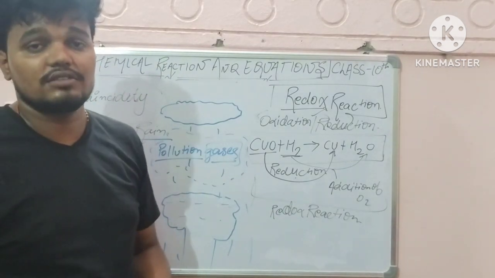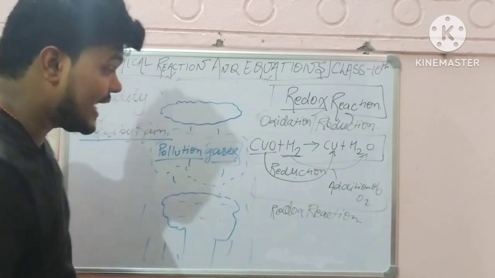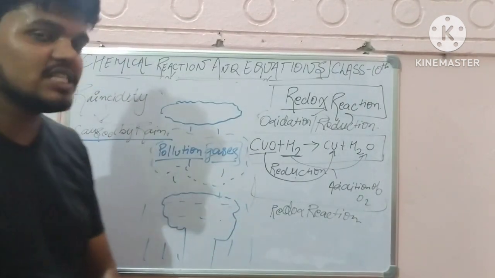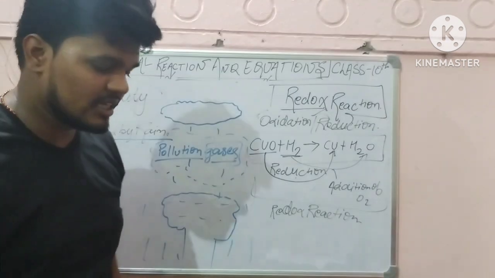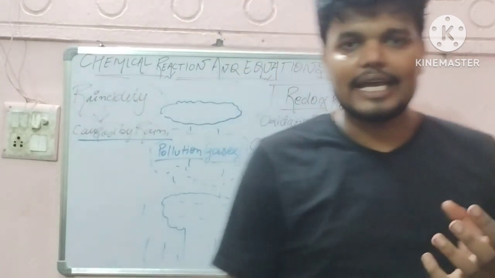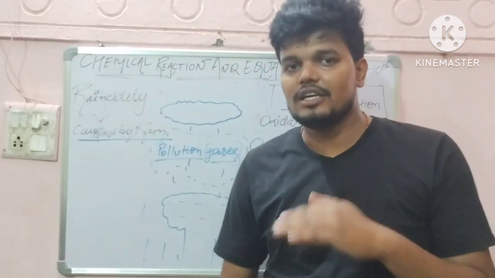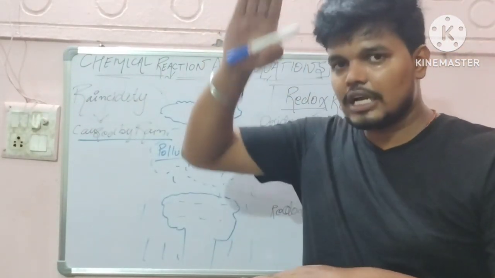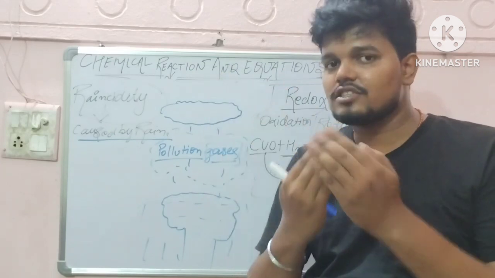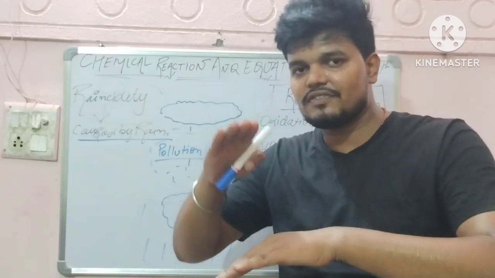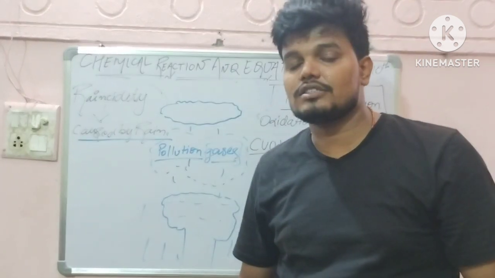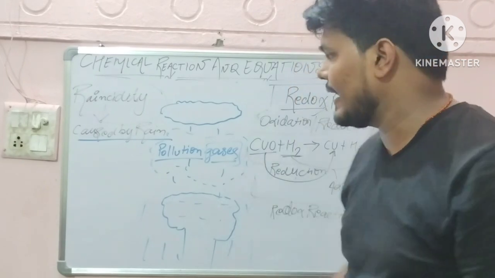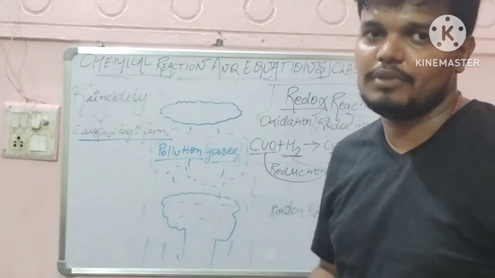That's why, my dear students, we always say that the first rain is acid rain, because all the acids and gases present in the atmosphere at the time of the first rain come together, mix with the rain and fall down on the surface. Because of that, rain acidity happens.